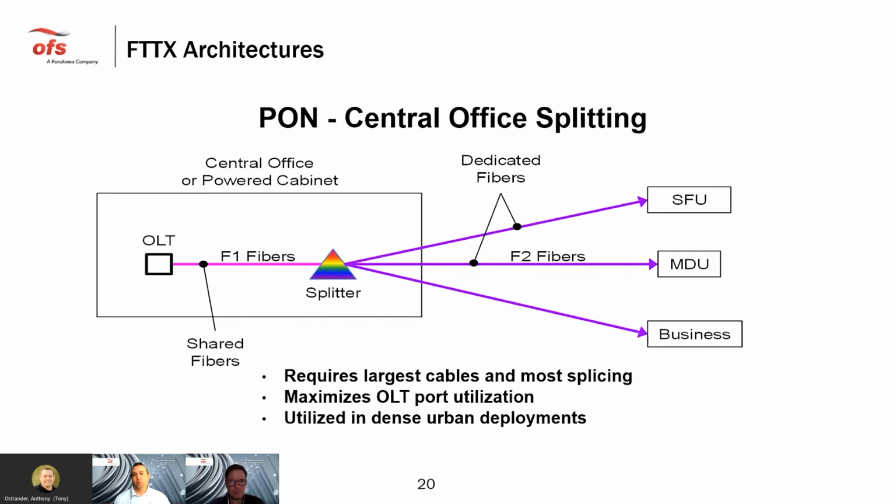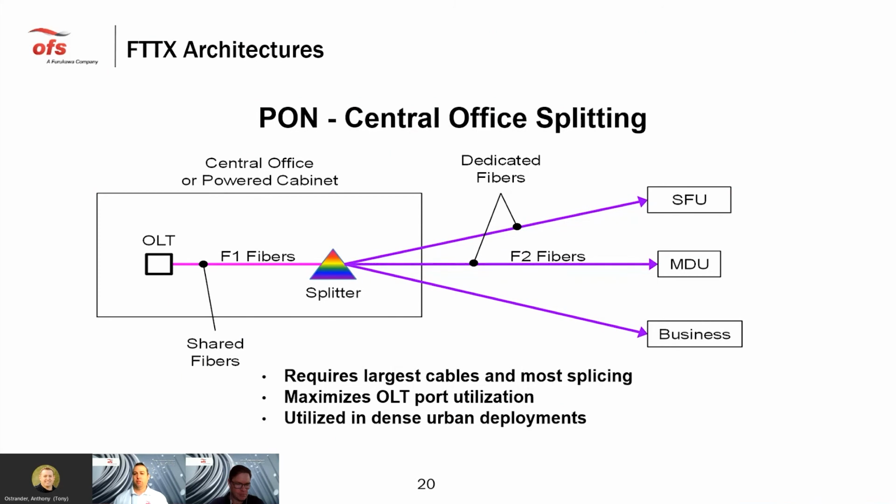What this requires is that when you hit a branch point to go in a different direction, you're going to have a lot of splicing. So you've got large cables and a large amount of splicing out into the network. The benefit to this particular architecture is that you're able to maximize your OLT port utilization and your splitter utilization.